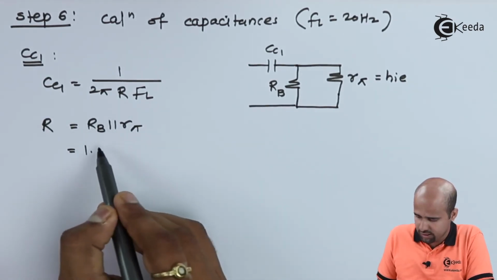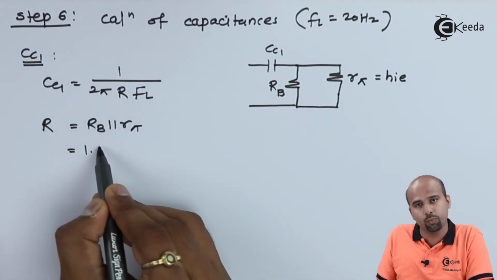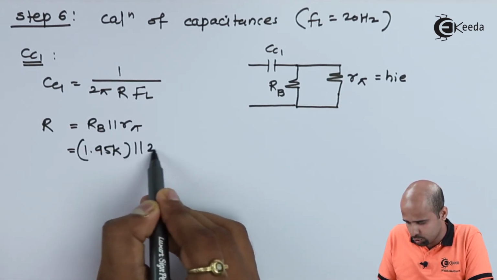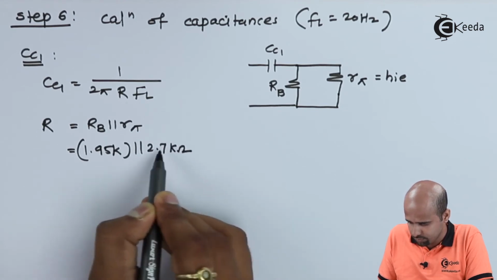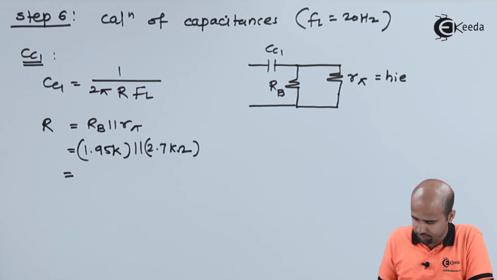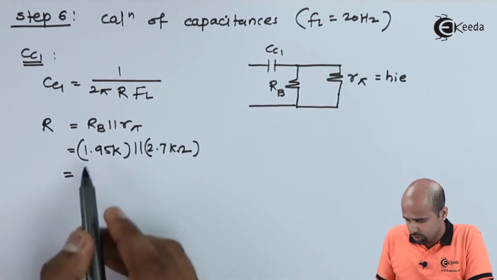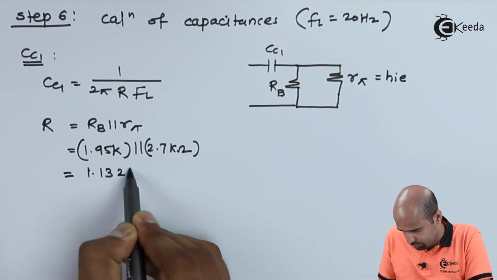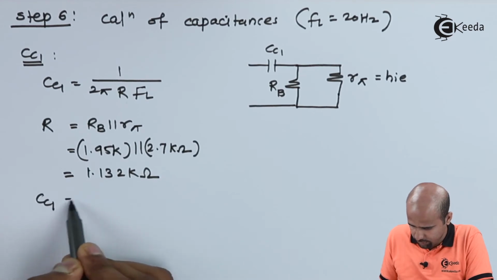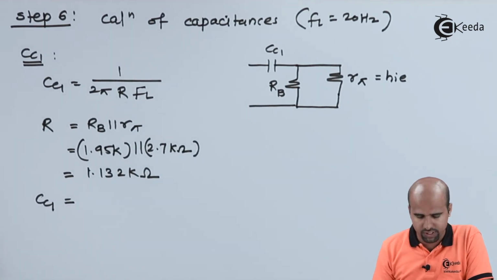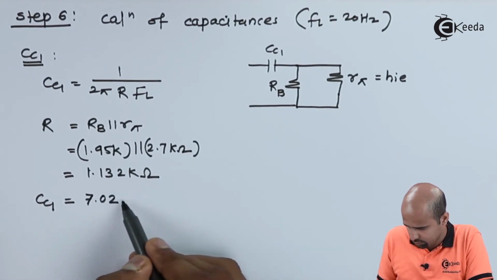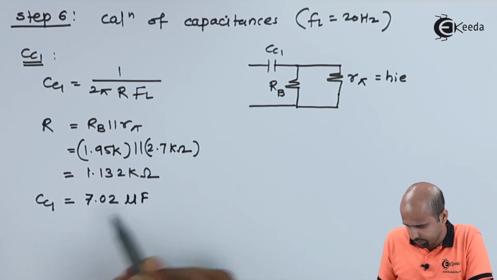So RB is coming out to be 1.95 kilo, which is in parallel with 2.7 kilo ohm. Their parallel combination is coming out to be 1.132 kilo ohm. And CC1 will become 7.02 microfarad.